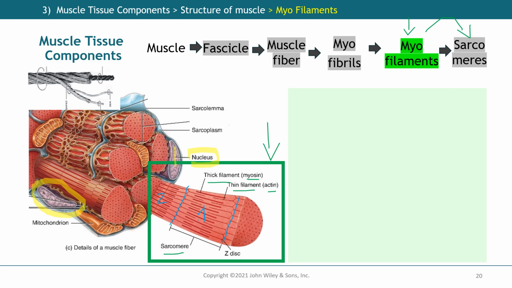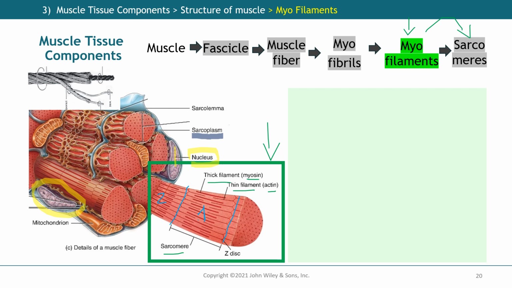So, a question for you. If you have mitochondria and nucleus here, where is the cytoplasm? Imagine this is the cell that has all these proteins, the nucleus, the mitochondria, but where is the cytoplasm? Remember that the cell is very specialized, so the names change a little bit, and this cytoplasm here is called sarcoplasm. The cytoplasm of a striated muscle cell is called sarcoplasm.